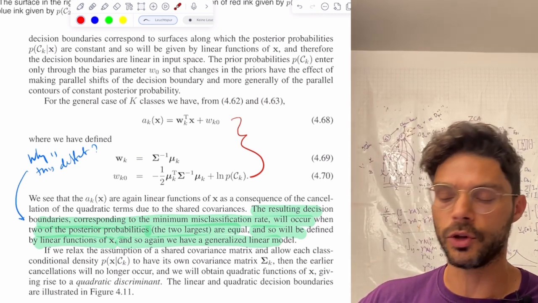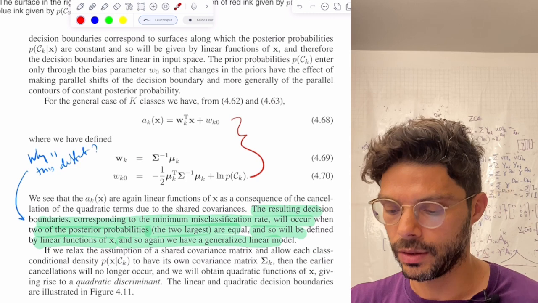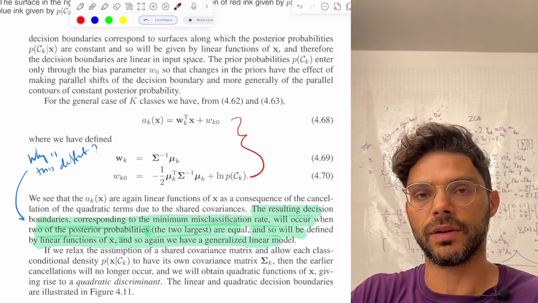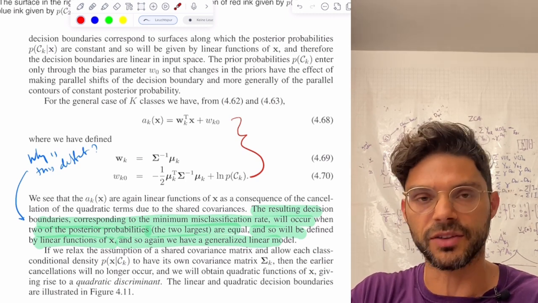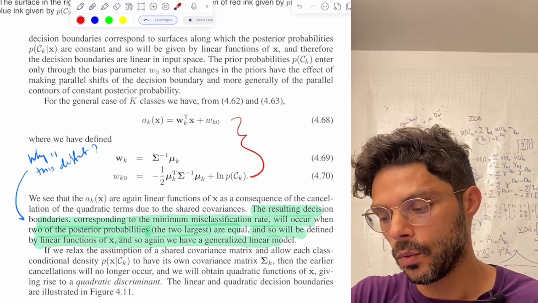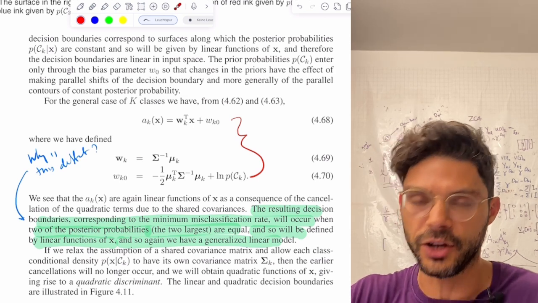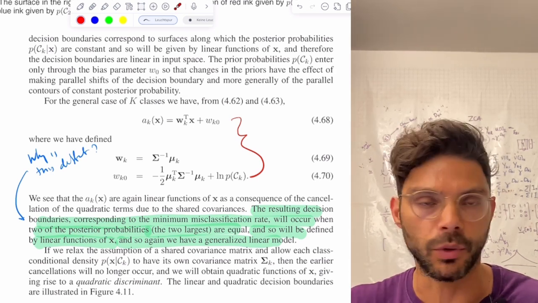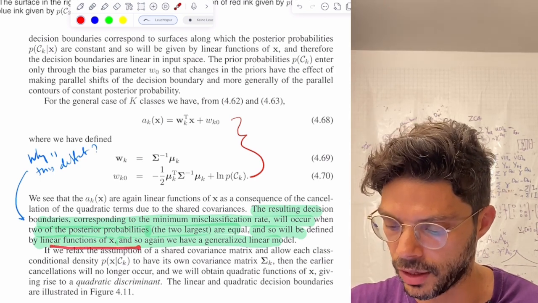Now you see which classes have the two largest probabilities, and what decides is the line where those probabilities are equal. So again, you're reduced to a two-class case, and we get the result that we had in the previous section.